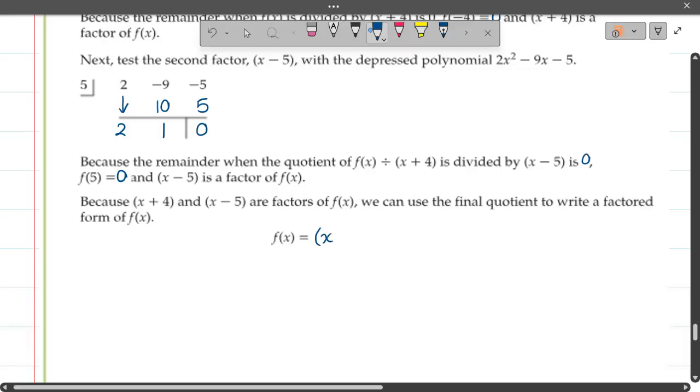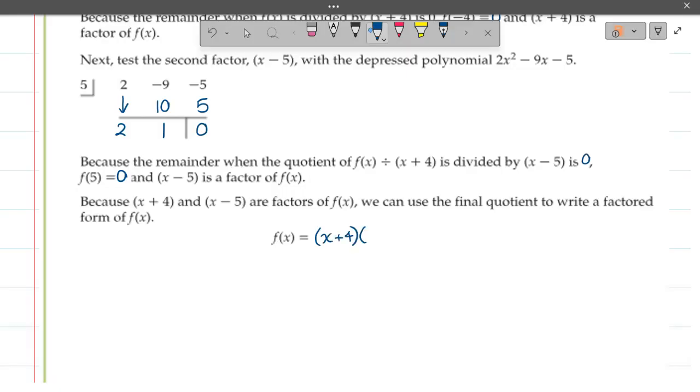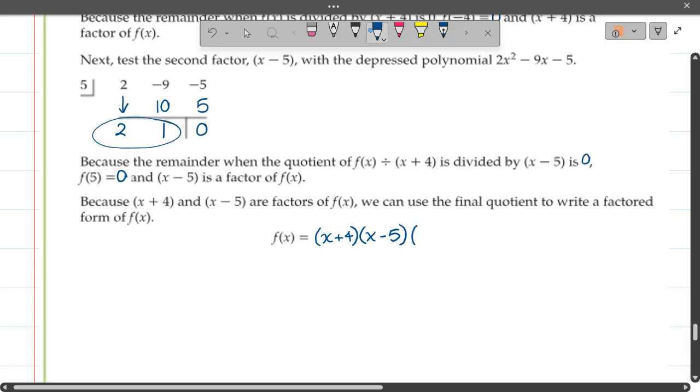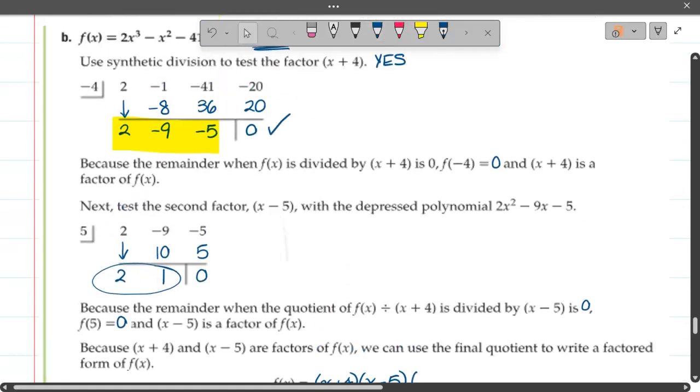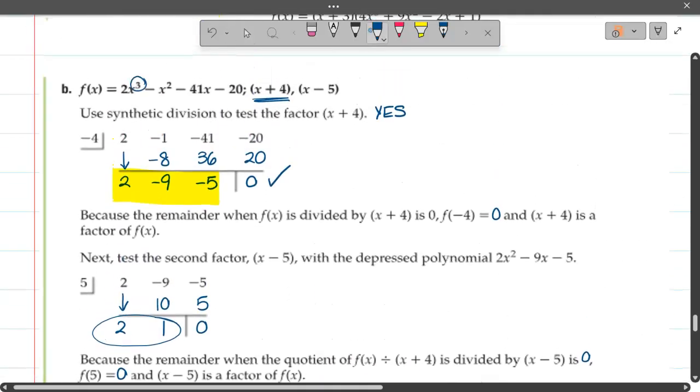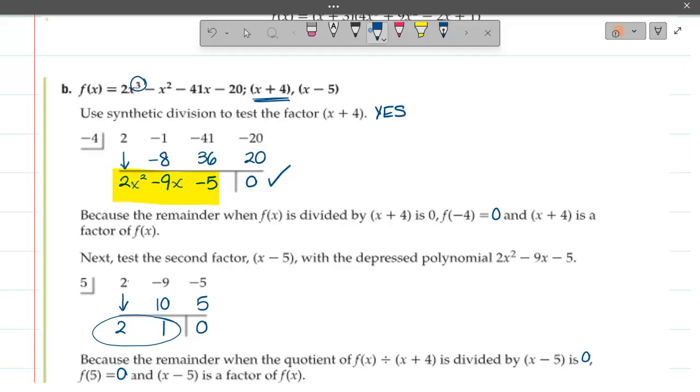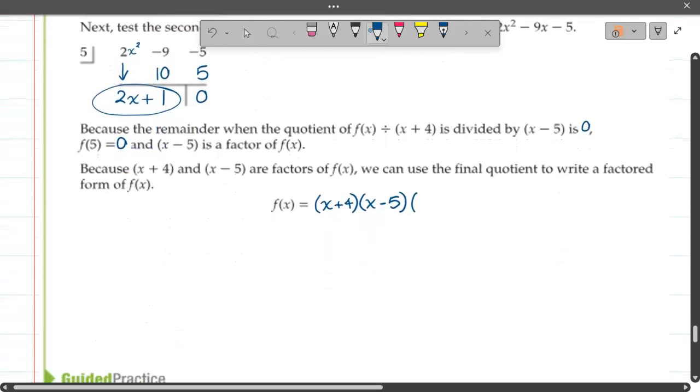So x plus 4 is a factor. X minus 5 is a factor. And then we write what's left over, which in this case, we started cubic, then we were squared. We started here with squared, which means this is 2x plus 1. So that's our final binomial factor, 2x plus 1.